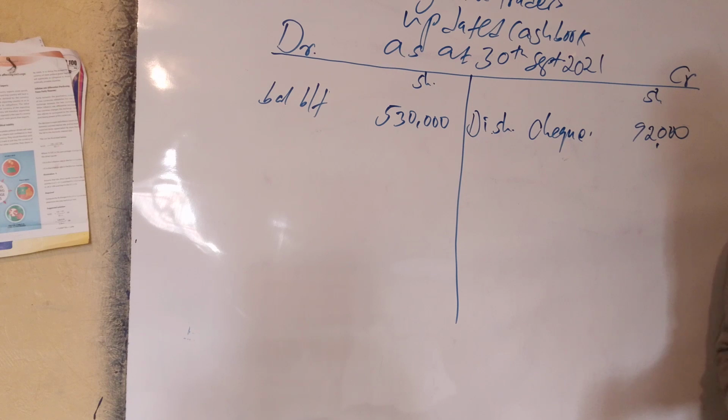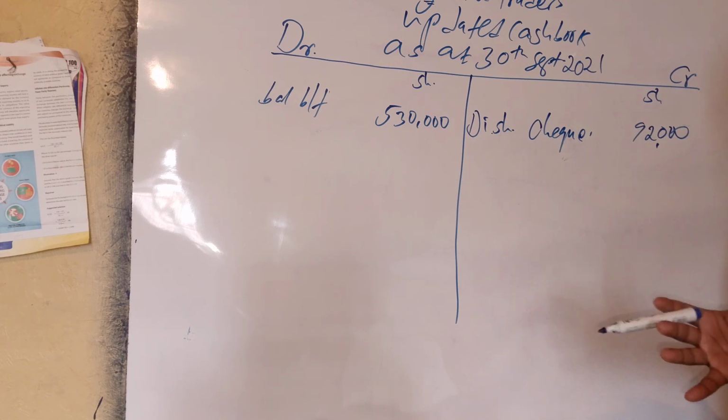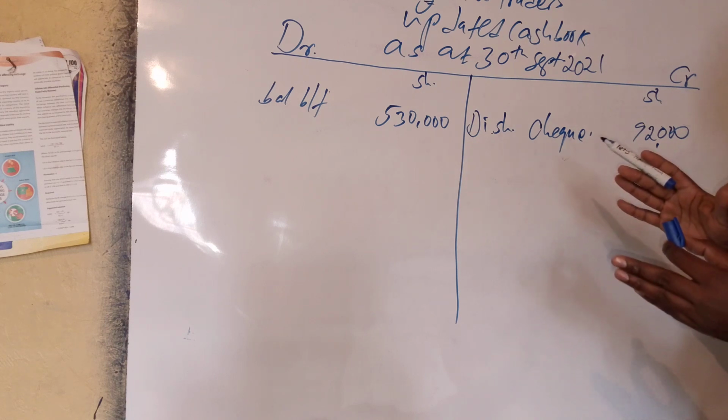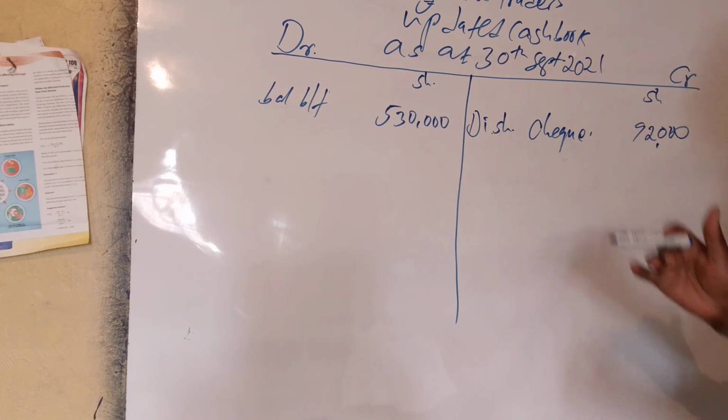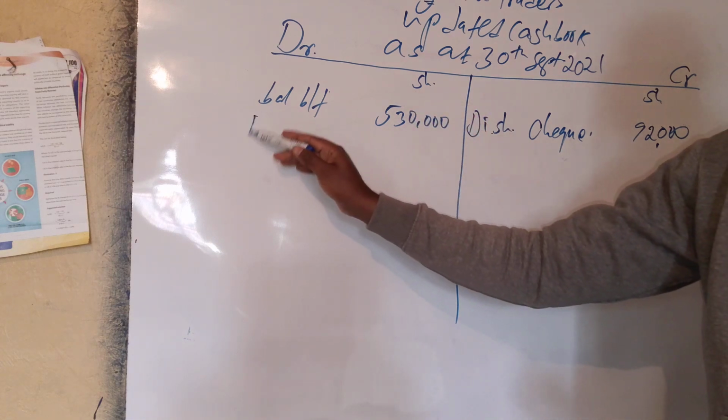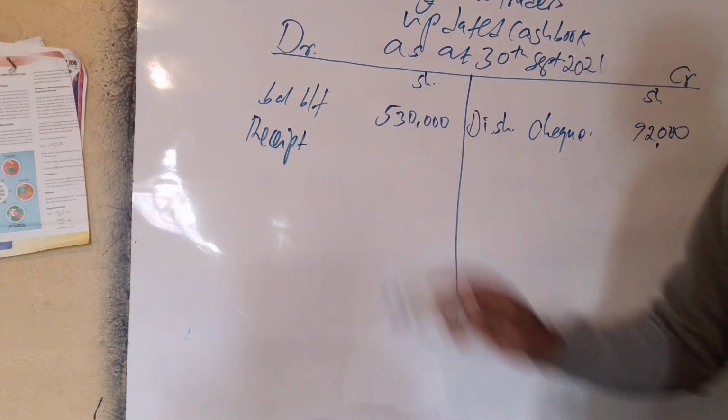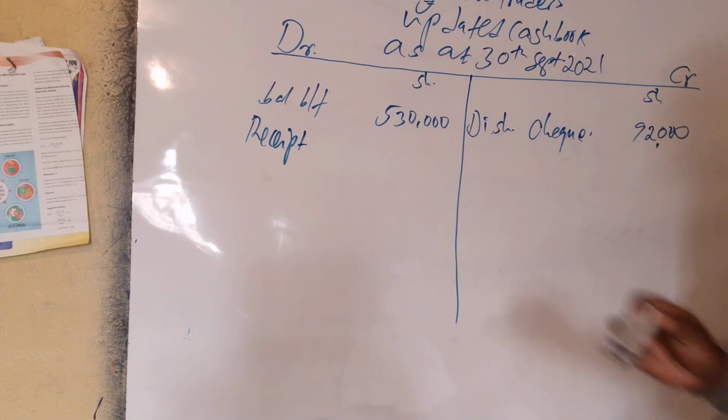Number 2: a receipt from a debtor of shillings 65,000 was entered as a payment in the cash book. So there was this receipt that we received from a debtor, and the accountant of this enterprise made a mistake. He or she treated that receipt as a payment, and therefore credited that amount. To correct that error, we are going to debit that amount, and here the amount was 65,000.